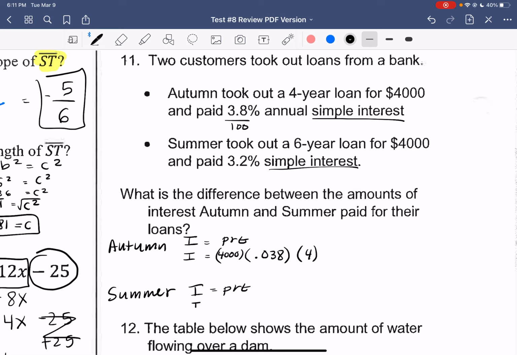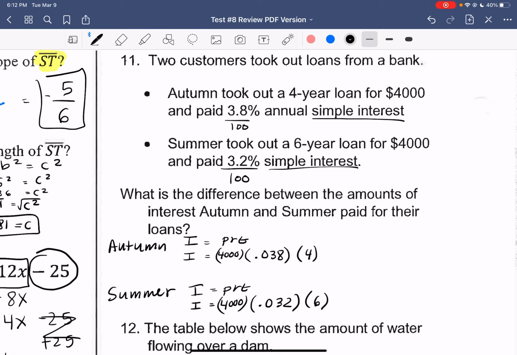For Summer, we get a principal amount of also $4,000. But her rate is 3.2, which will be divided by 100, so 0.032, and a time of 6 years. So then in your calculator, you can type those out.